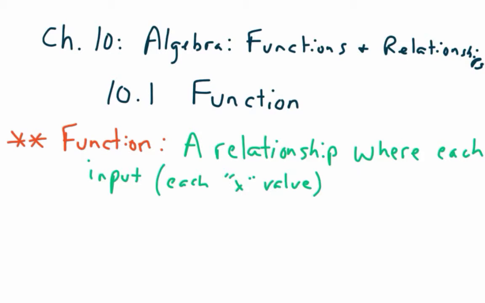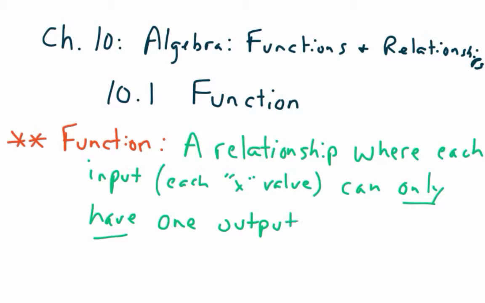So it's a connection between x and y, where each input, or each x value, can only have one output. And the output, when we put something in for x, is going to be our y value.